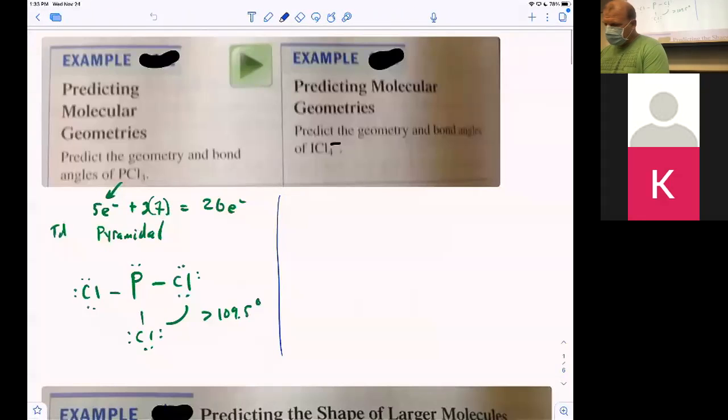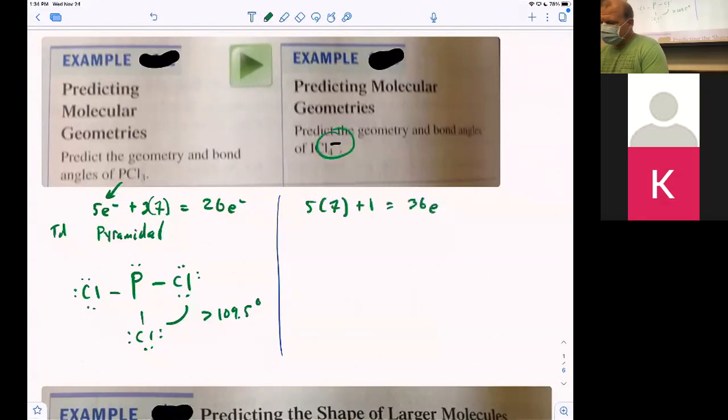Okay. And ICl4 minus. So iodine and chlorine, they're both halogens. So it's 5 times 7 plus 1, because there's 1 iodine and 4 chlorine, so 7 for each of 5 halogens, and then plus 1 because of the minus 1.